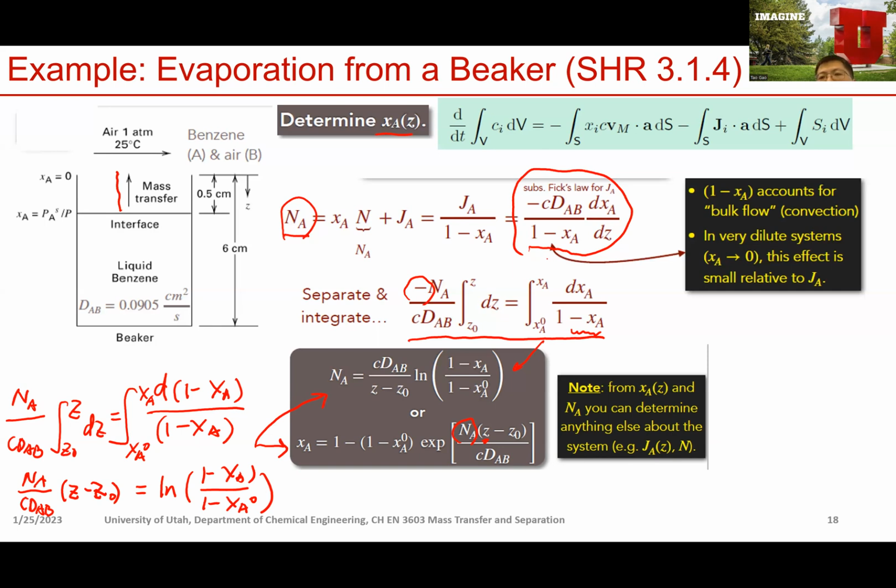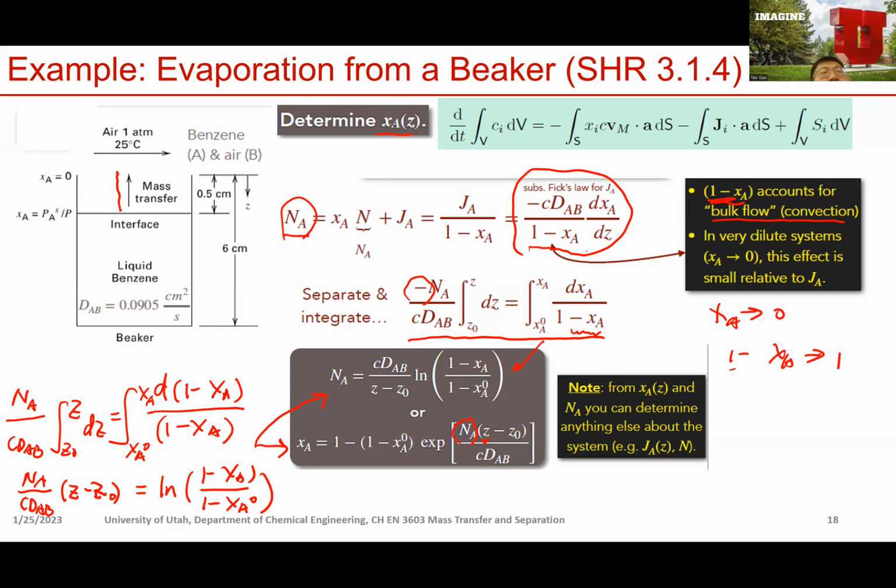Now, the factor 1 minus xa here accounts for the convection, right? And we know that if xa goes to 0, that means the mixture is dilute enough, then 1 minus xa goes to 1.